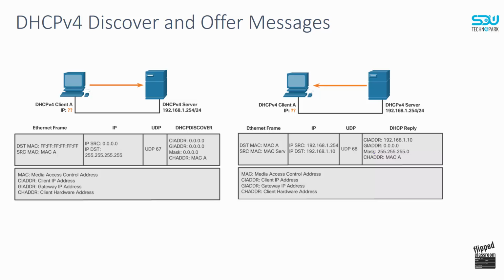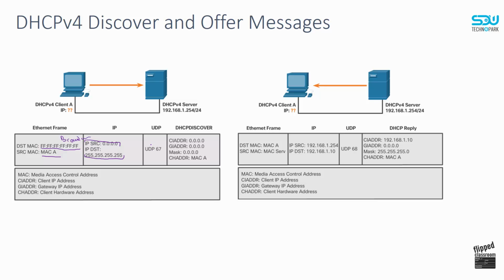Well, and here you can find DHCP version 4 discover and offer messages in which our client is making a discovery process. It wants to find the DHCP server, and as you see, the packet or the frame is sent to the destination MAC address of the broadcast. It is defining the broadcast, and the source MAC address is the MAC address of computer A, whereas IP source is all zeros because we don't have an IP address, and destination IP address is also defining the broadcast.